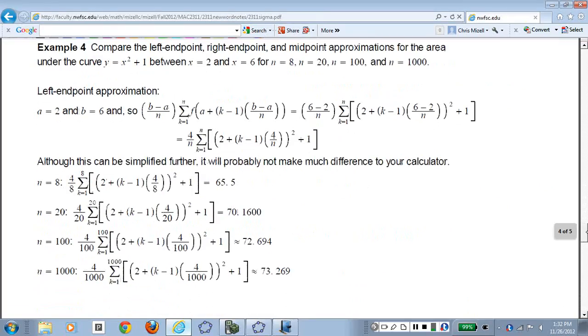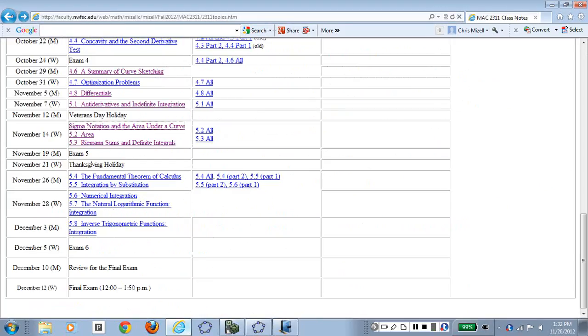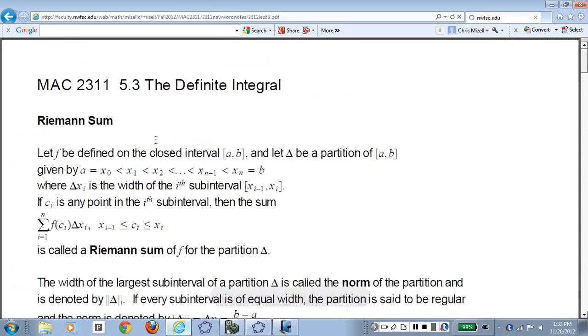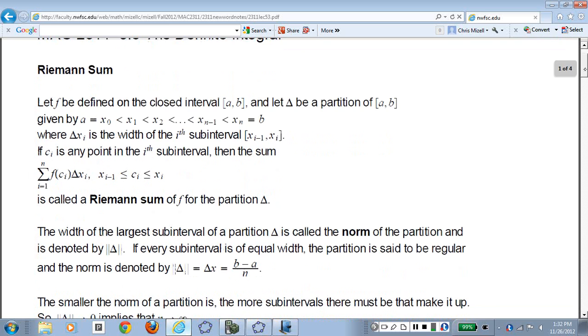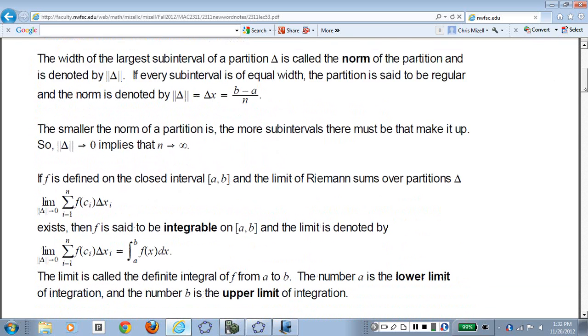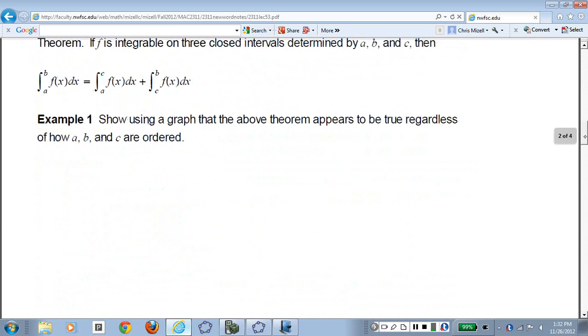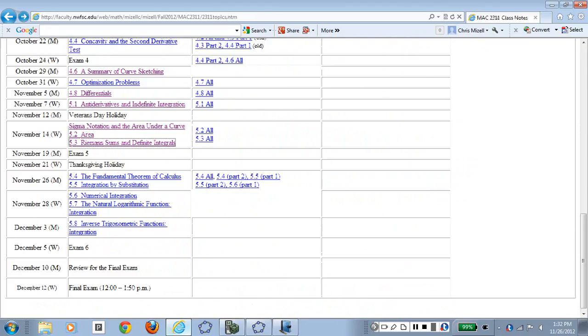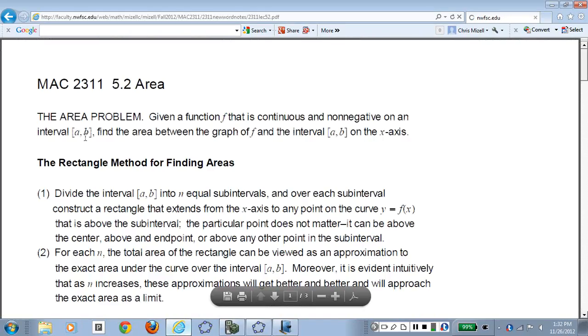Okay, that's plenty of that. Section 5.2, basically everything that I want to say from 5.2 has been said.